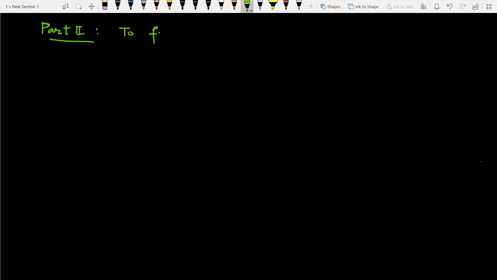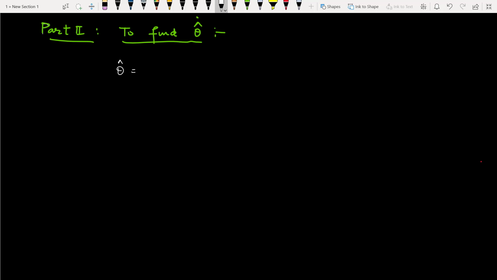To find theta cap dot, now we have to find the value of theta cap dot. For this, firstly we write theta cap.